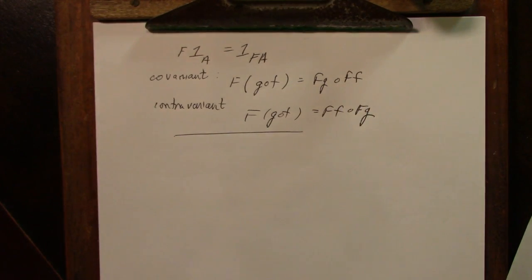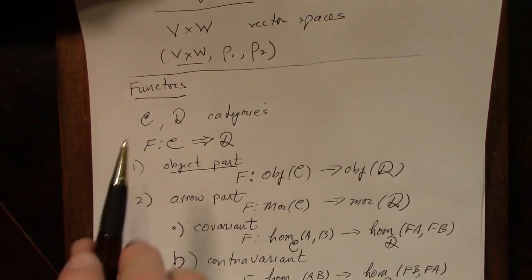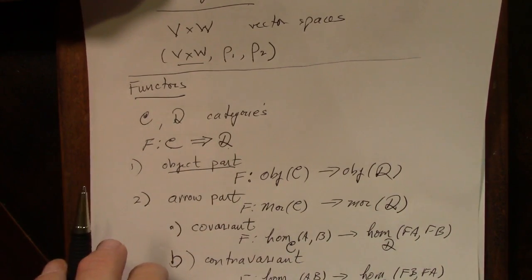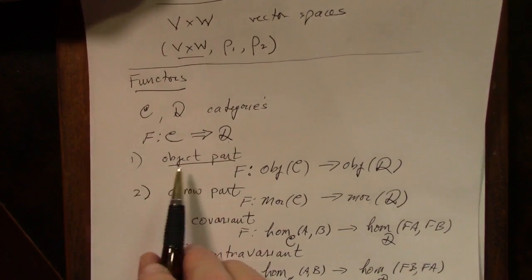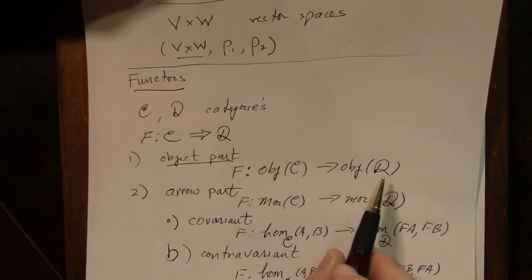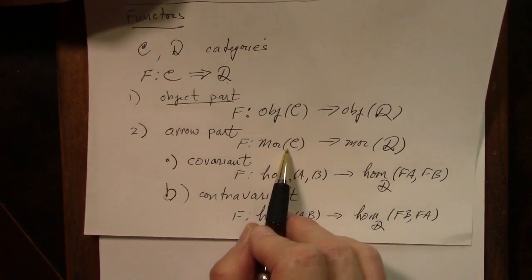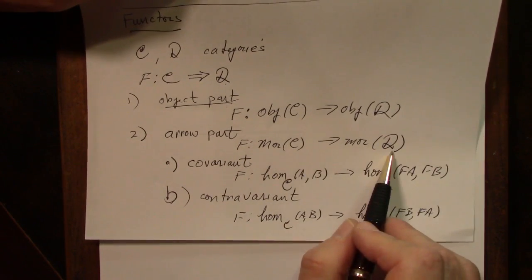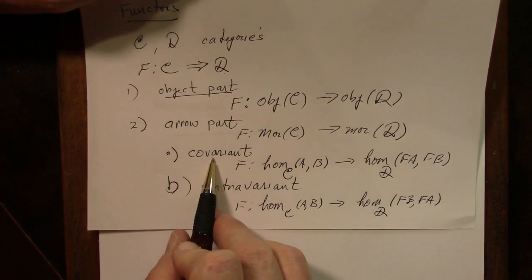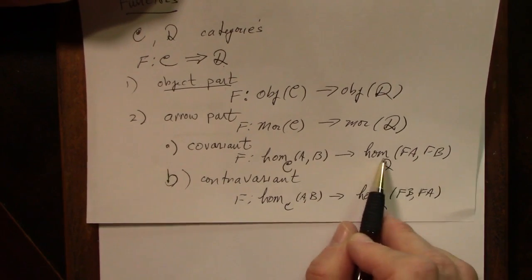So, again, a functor from one category C to another category D is actually two functions. The object part is a function that takes objects of C to objects of D, and the arrow part takes morphisms in C to morphisms in D. A covariant functor maps Hom AB to Hom FA FB.